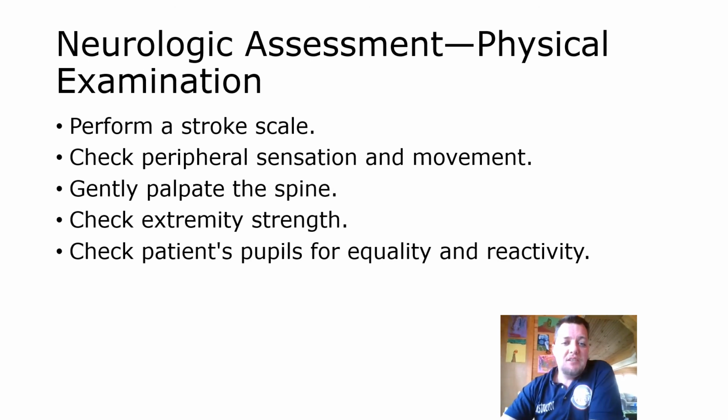So for our physical exam, we're going to perform a stroke scale, check peripheral sensation and movement, gently palpate the spine, check extremity strength, and check the pupils for equality and reactivity.